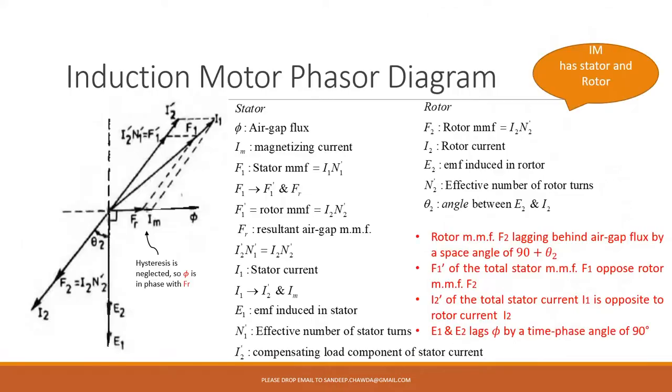In the previous phasor diagram, we saw how I2 is obtained: it lags by 90 plus theta 2. E1 and E2 lag by 90 degrees, and how the stator current is obtained is also known to us.